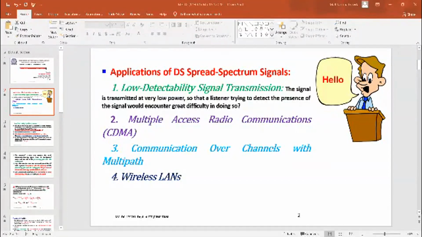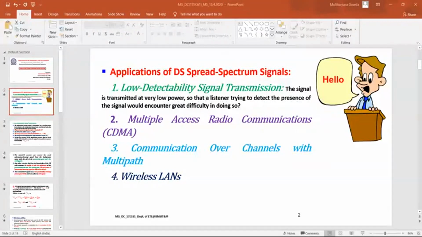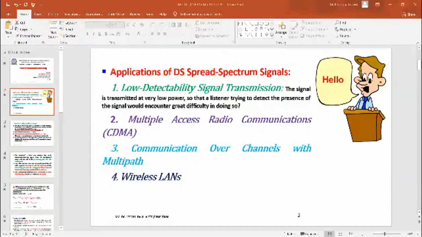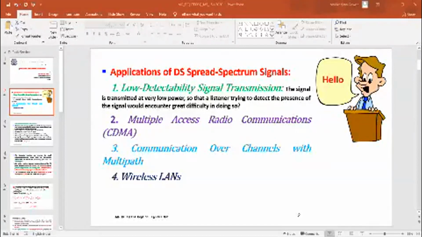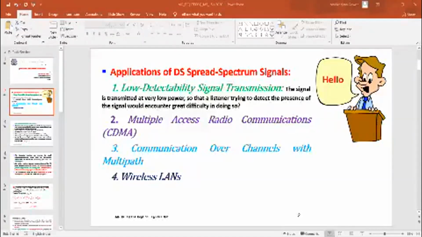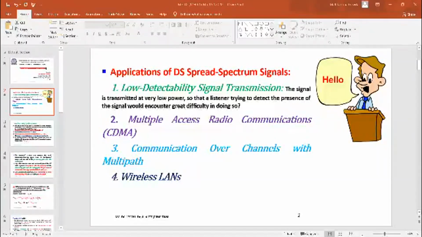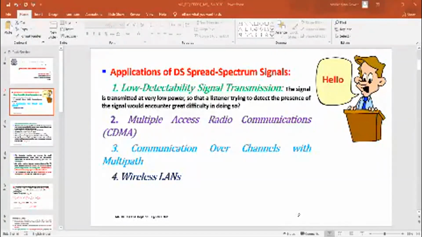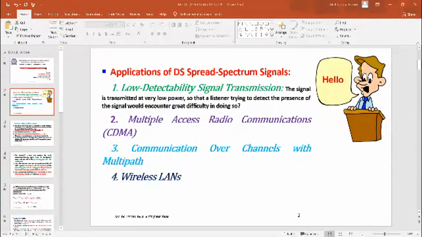Second application, as I said, is multiple access radio communications. One such example is code division multiple access. The third application is communication over channels with multipath, in a wireless environment where the signal travels multiple paths from transmitter to receiver, and how this system performs better than any other system.